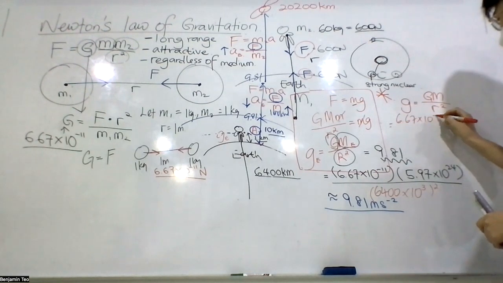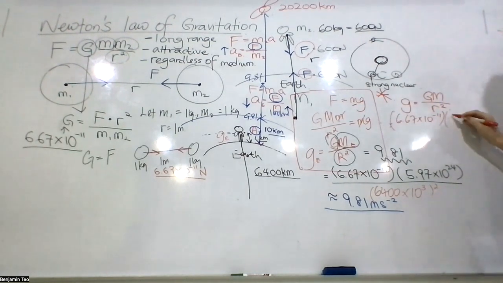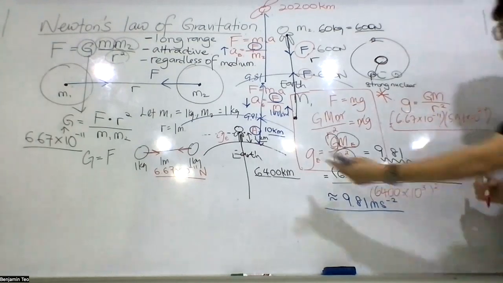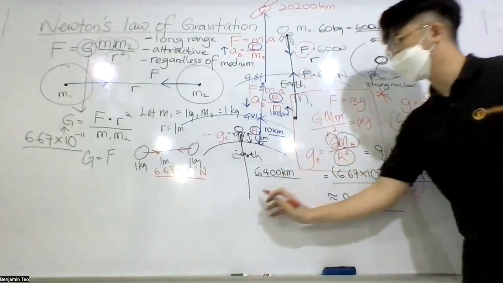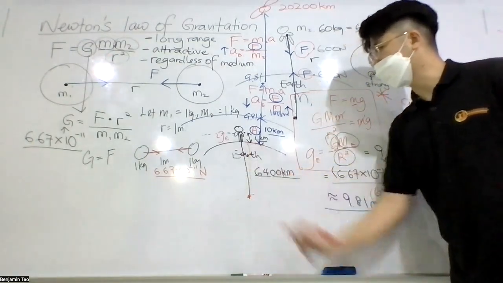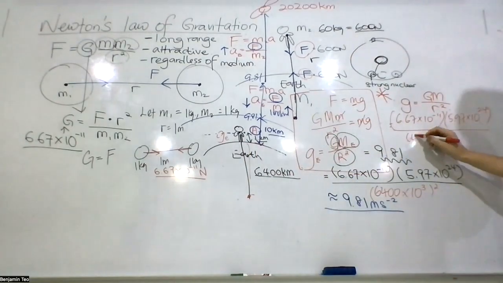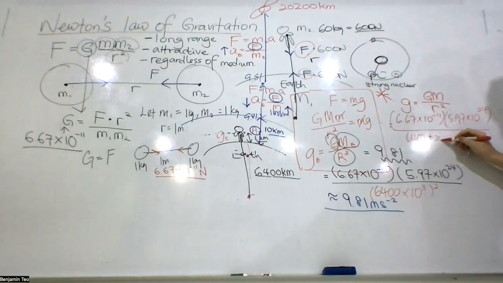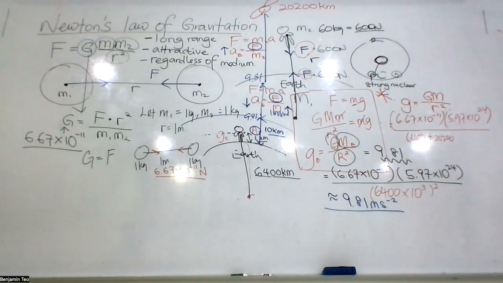6.67 times 10 minus 11. Mass of the Earth, 24. Radius. Okay, what is the radius? From the center of the Earth. So you want to take the radius of the Earth, 6400 plus 20200 km, that is in km.